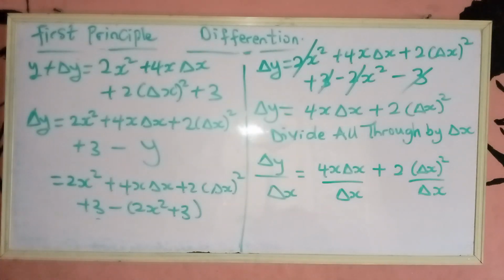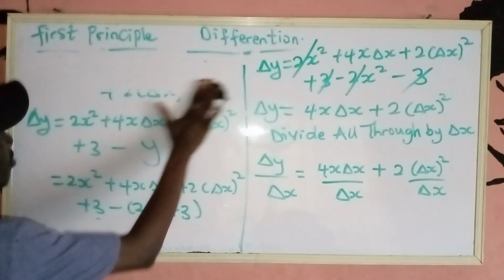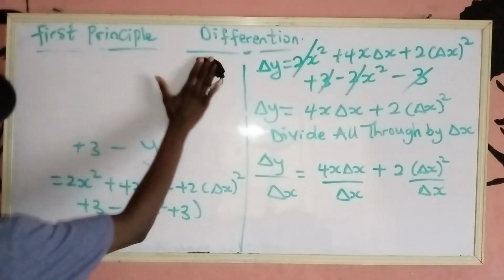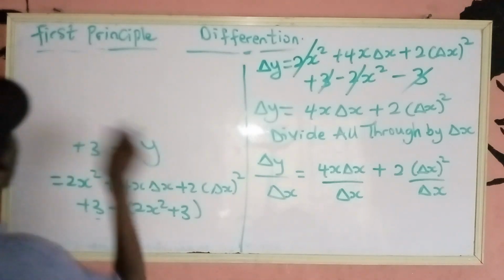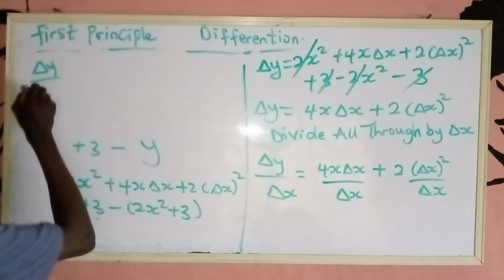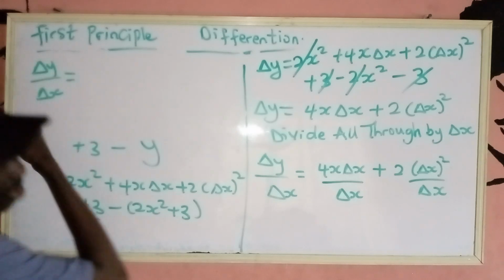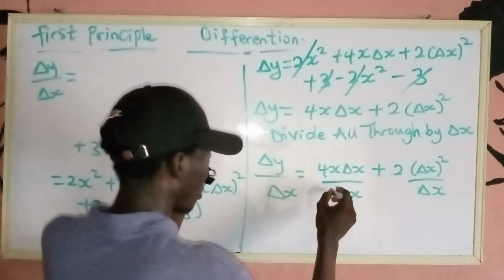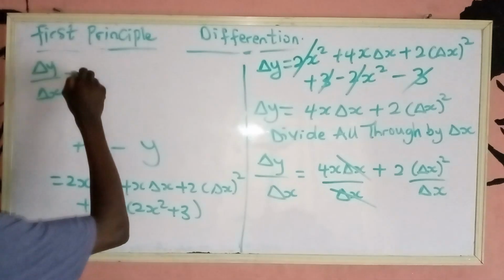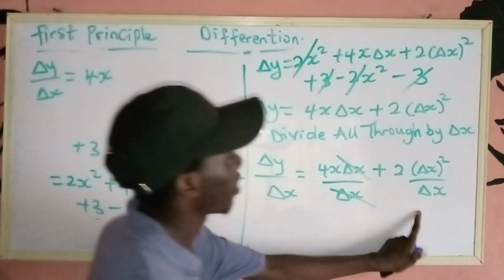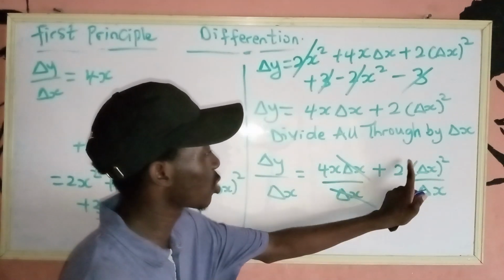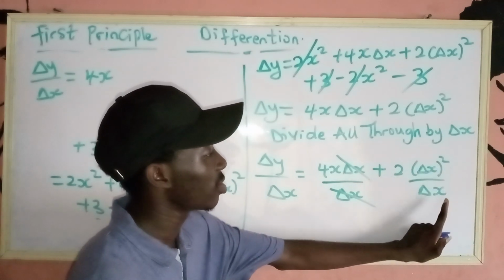Divide all through by changing x, and so my change in y by changing x. This cancels this. So you are left with what? 4x. And this is squared and this is 1. This is raised to power 1.